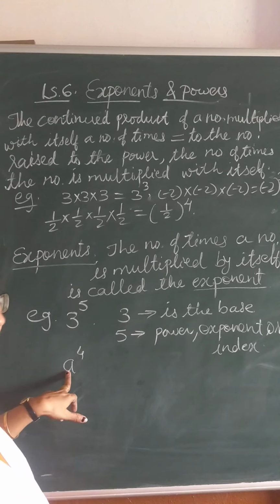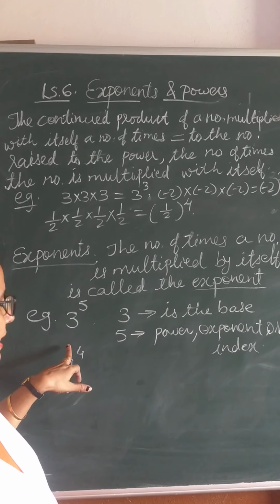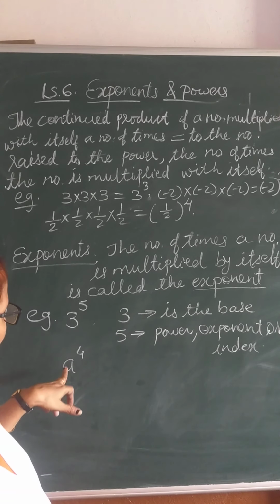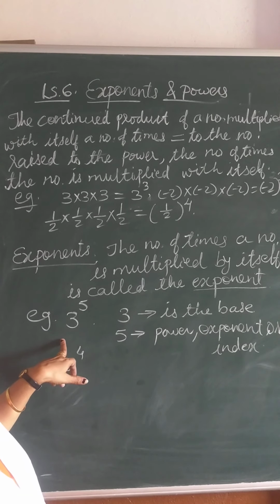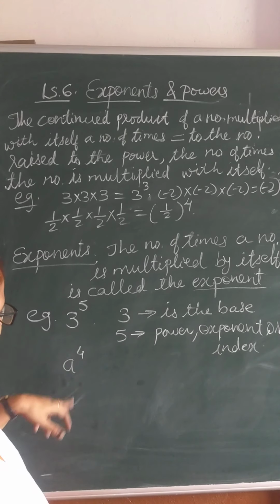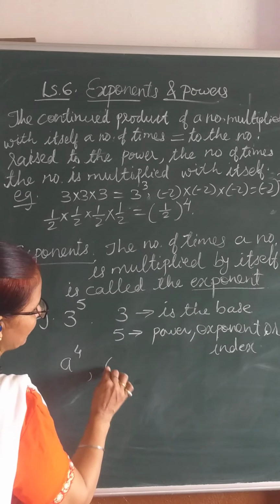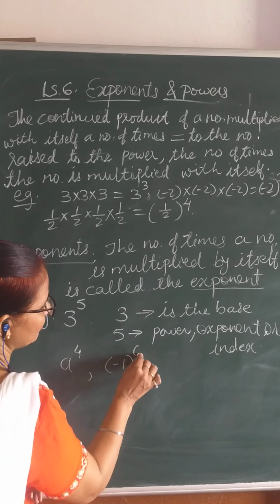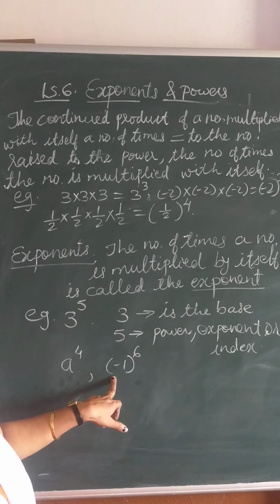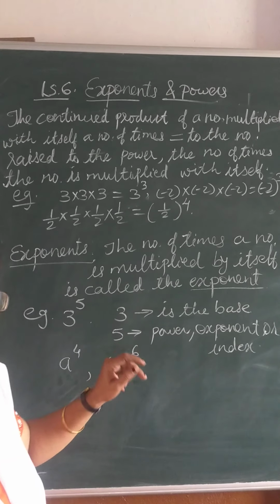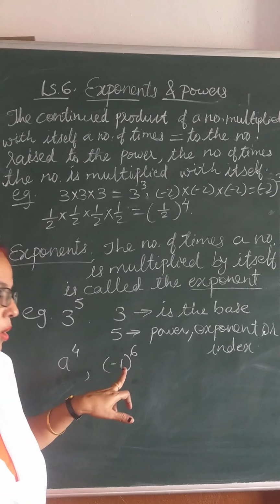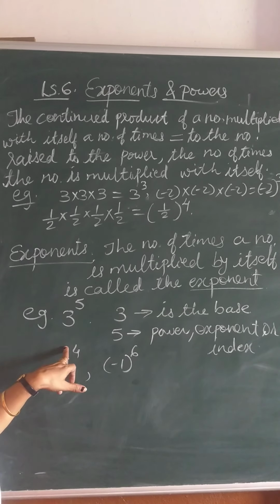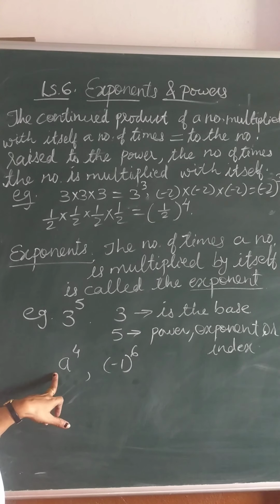So here a is the base and 4 is the power. So we read it as a raised to the power 4. And again let's take one more example, minus 1 raised to the power 6. So minus 1 raised to the power 6, or you can say 6th power of minus 1, 4th power of a. In this way also you can read it.